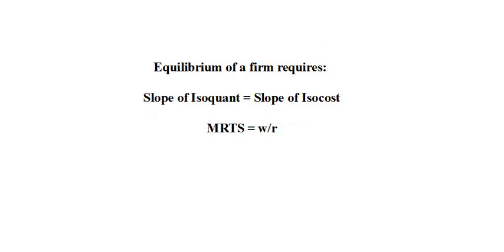So the ratio of the wage rate to the rental rate, or what you call the interest rate of capital, gives us the ratio of the input prices. So when MRTS is equal to the ratio of input prices, a firm is in equilibrium.